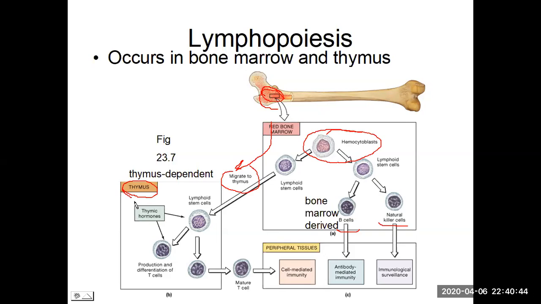The thymus is an organ just inferior to the area of the larynx, superior to the heart. In this organ, this allows for the complete maturation and the complete development of T cells. And once completely matured, they then exit out of the organ and pass into our general circulation.